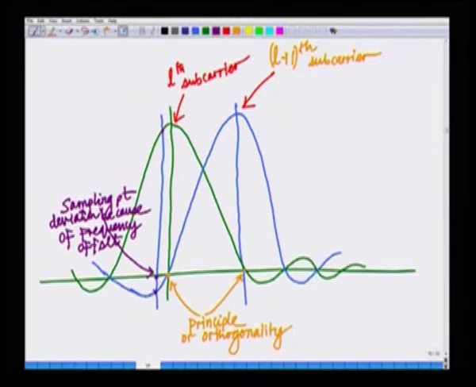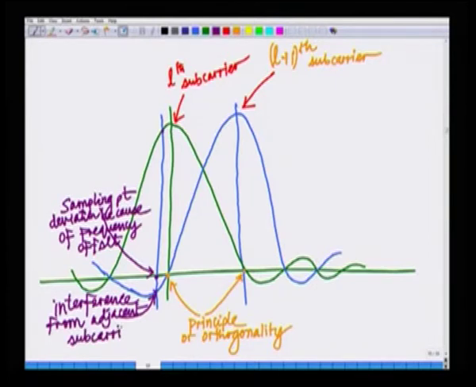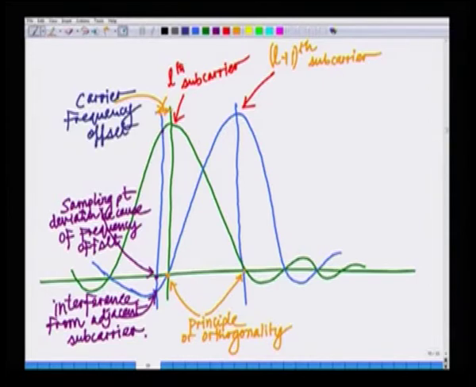This value here is nothing but the interference from the adjacent subcarrier, and this distance here is nothing but the carrier frequency offset.